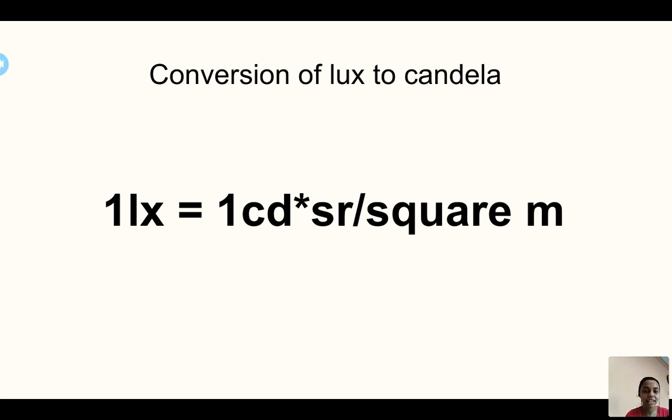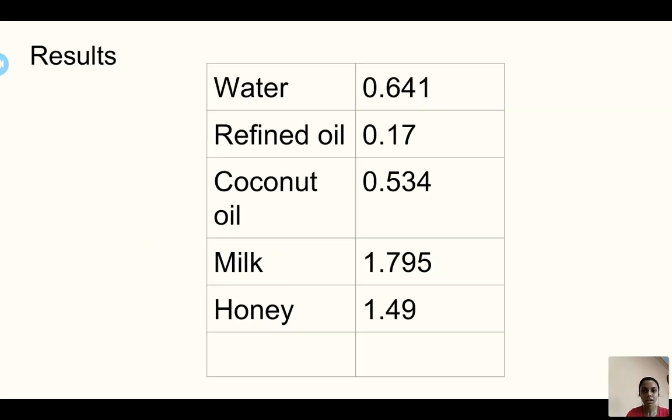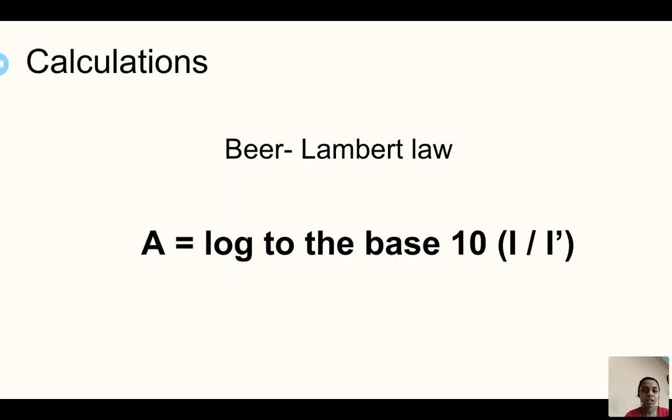So if we get 3.2 lux, we shall be putting it in intensities as 3.2 candela. So we can just replace lux with candela. That's it. So we have found absorbance for different liquids, and the log to the base 10 part of it you can calculate using any of the log calculators. I have also used a log calculator for accuracy over here.